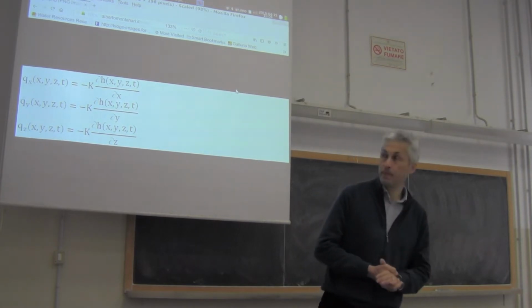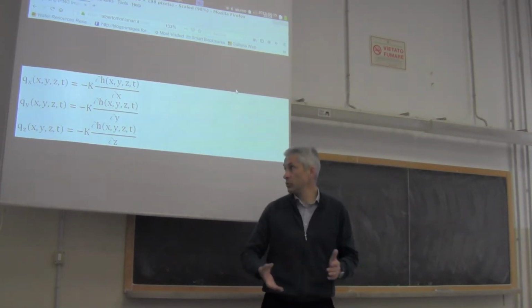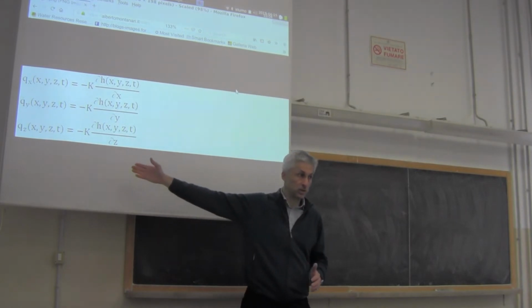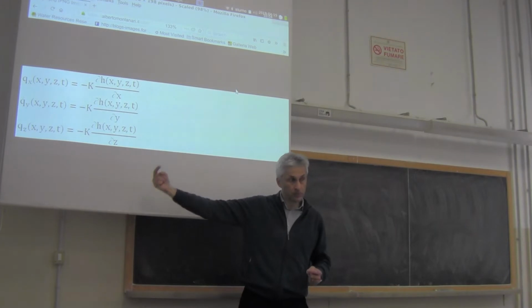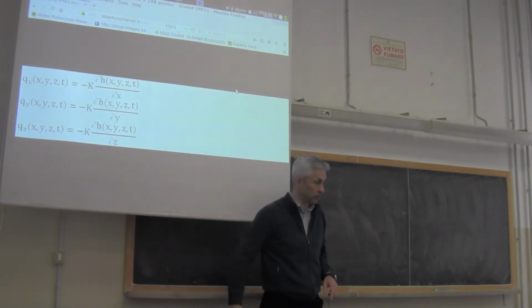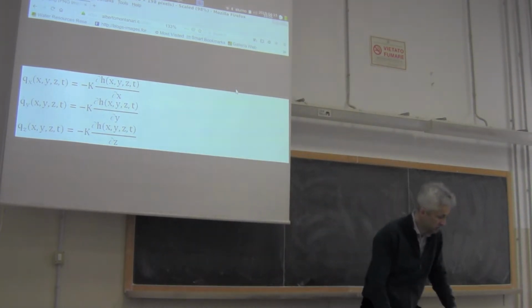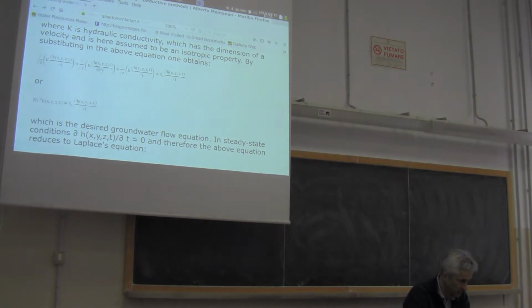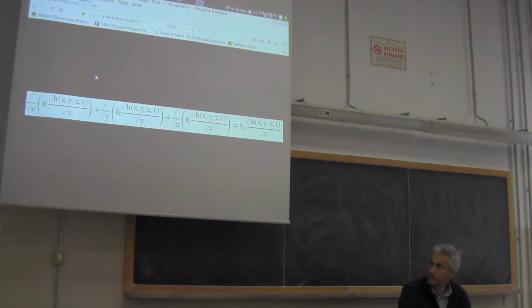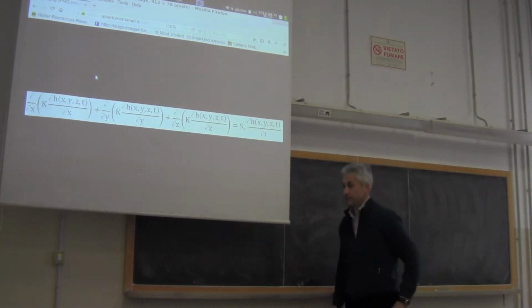Now what we have to do is simply to substitute this expression of Darcy's law into our groundwater flow equation that we derived before. And that's it. This is what we get.